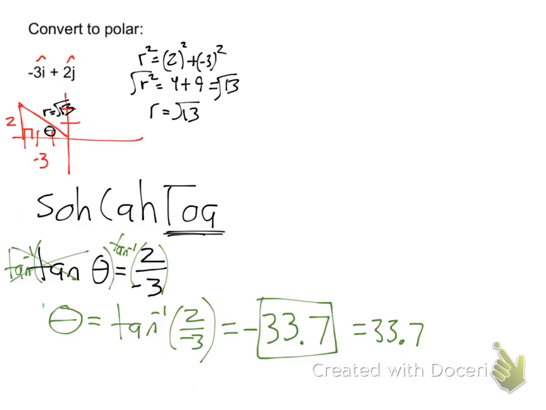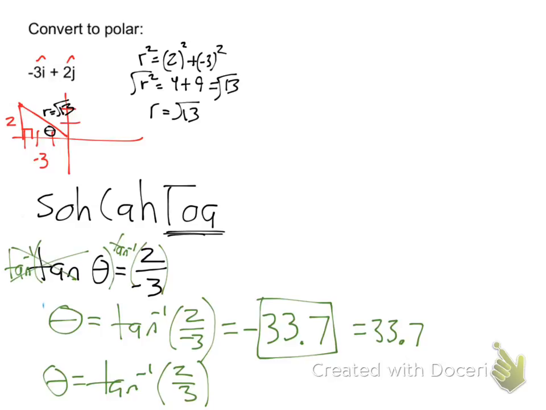Now, let's take a look at what we did here. We formed a triangle. The reason that 3 is negative is because I walked backwards before I went up, right? But if I was going to really talk about a true triangle, can I have a side length that's negative? No. So technically, what happens when I take that negative off and say theta is equal to the inverse tangent of 2/3?